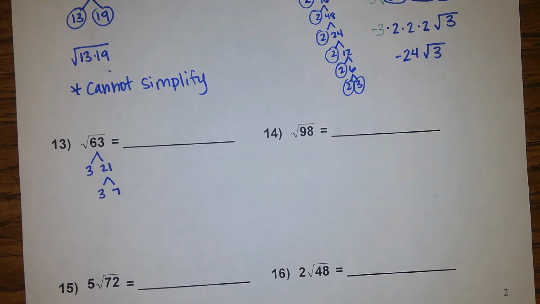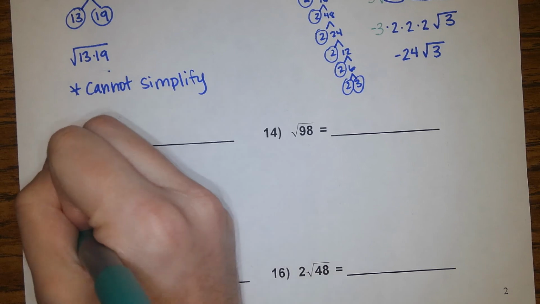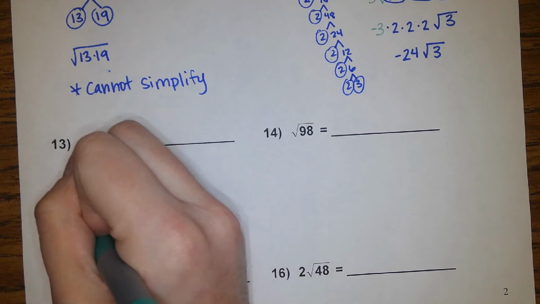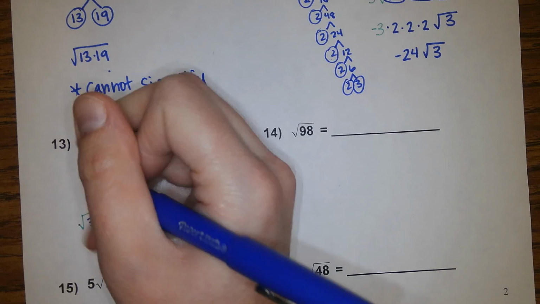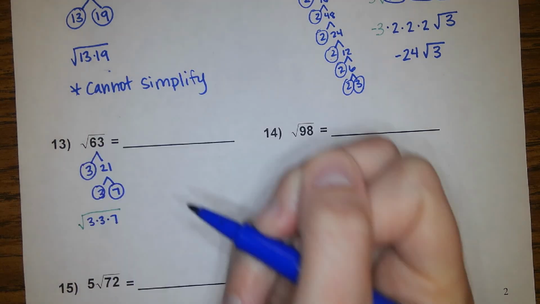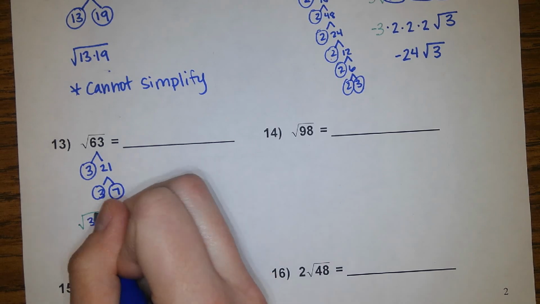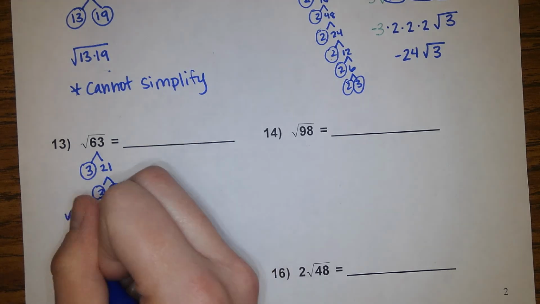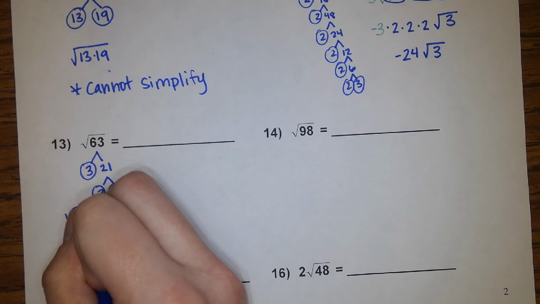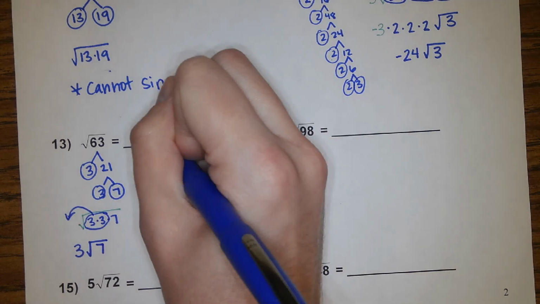And so if we wanted to rewrite this, we could rewrite it as the square root of 3 times 3 times 7. Oh yeah, I didn't circle my prime factors. Sorry about that. 3 times 3 times 7, and we see that 3 and 3, those are pairs, so we can pull those out. And it would simplify into 3 radical 7. All right?